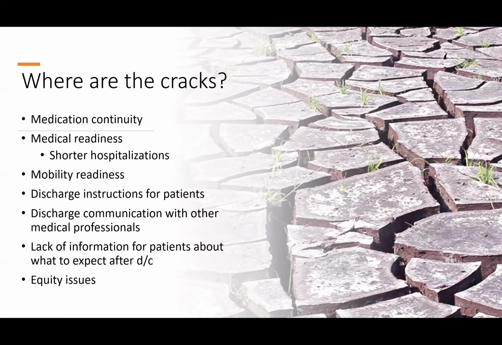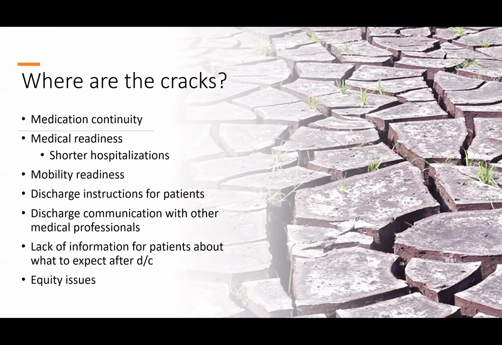As the years have passed, with better supports and post-acute care systems, and hospitals being full and trying to decrease hospitalization days, we're striving more and more to get patients out of the hospital soon. So we really have to make sure that patients are medically ready. Then mobility readiness: you have to be mobile enough to get to your next level of care.